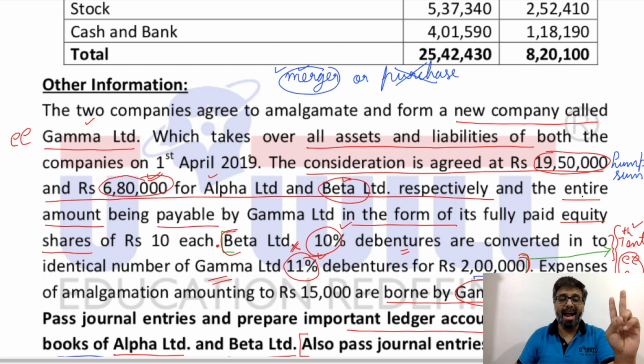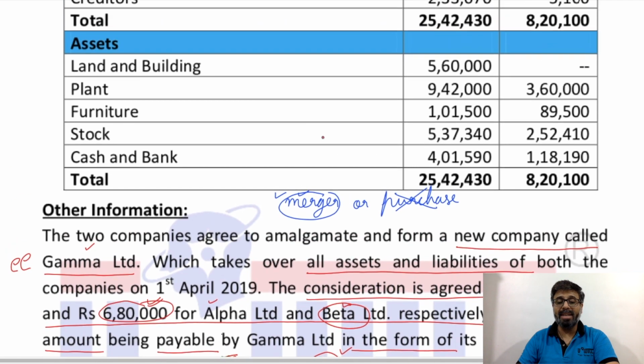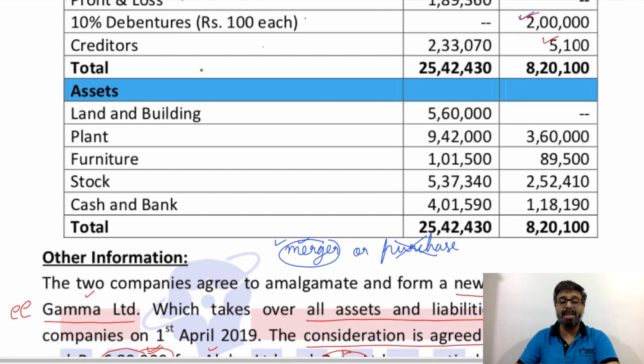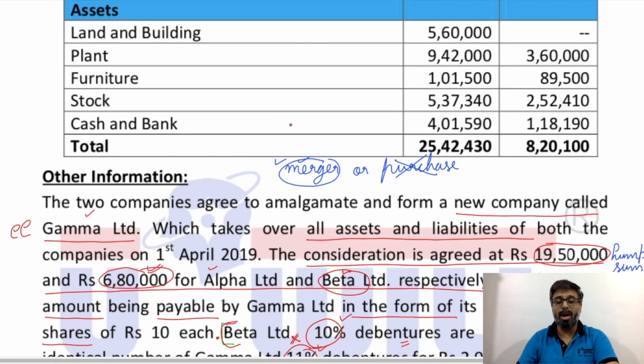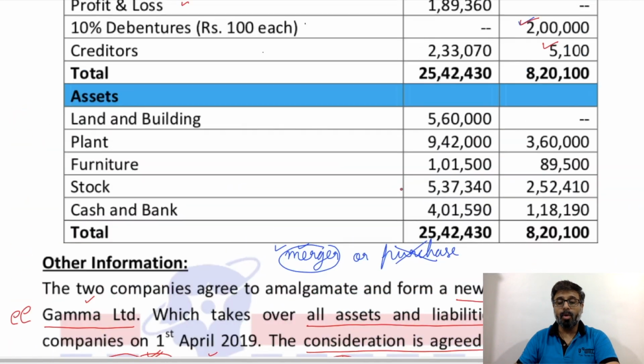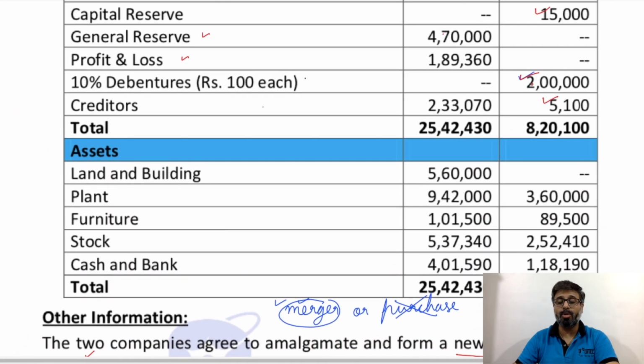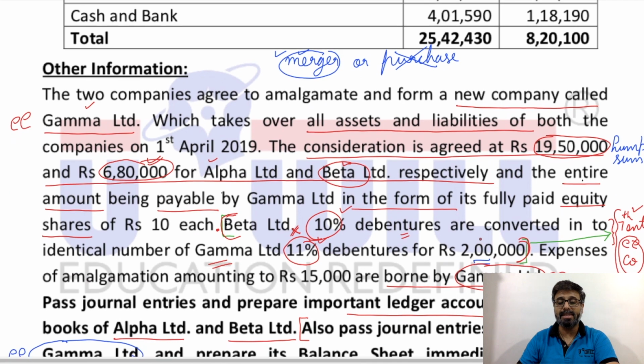Second condition, at book values. Throughout the paragraph, no other values are given for assets as well as for liabilities. That means they all are taken at book values. Only the debentures value is given, but that too is given as 2 lakhs only. It means it is taken at book value. So the second condition of merger is also satisfied.